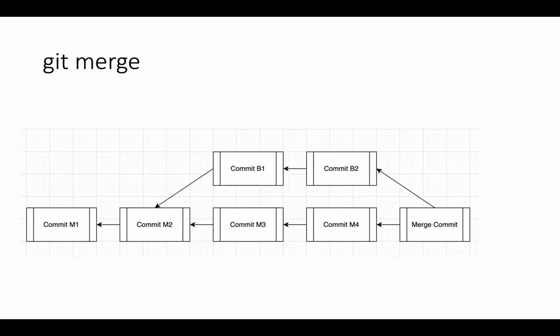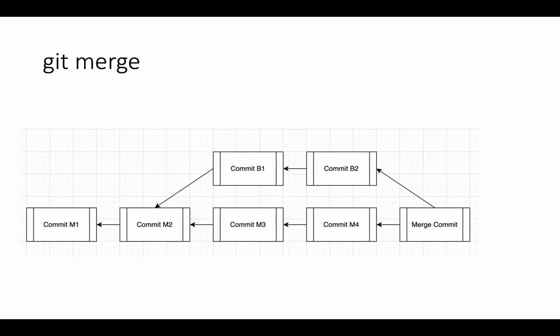Git merge. When we have a sequence of work in two different branches, you can merge them at any point of time. For example, if the master branch had 4 commits and my branch had 2 commits, and you decide to merge them into a single commit, you could merge them the way it is represented here.